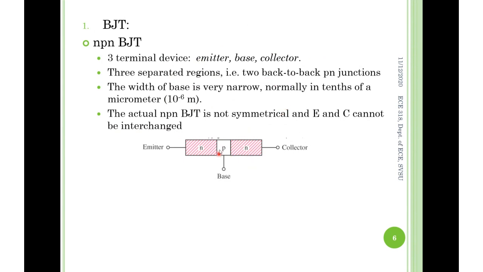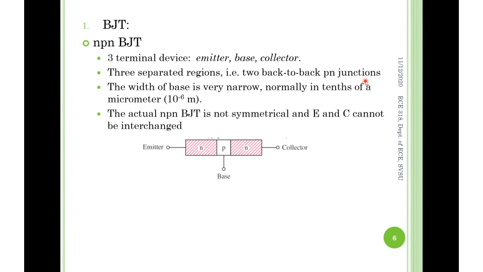And from here, you can also understand a BJT as what? Back-to-back PN junctions. What does it mean by back-to-back PN junctions? It basically means two series-connected diodes. Make some sense?